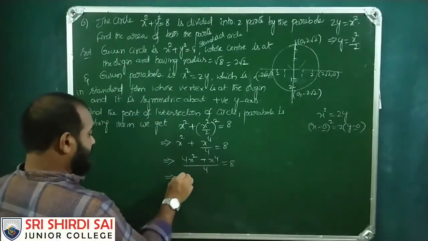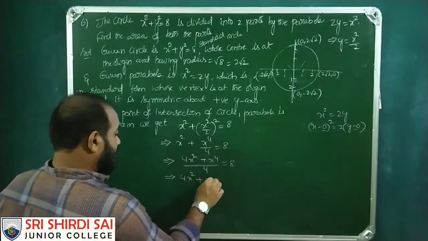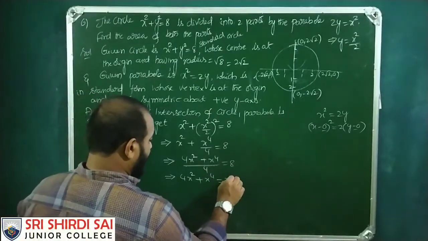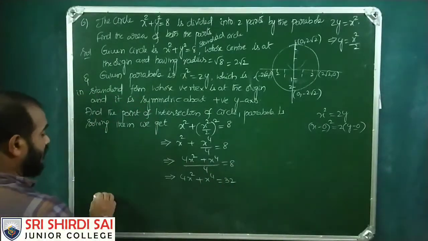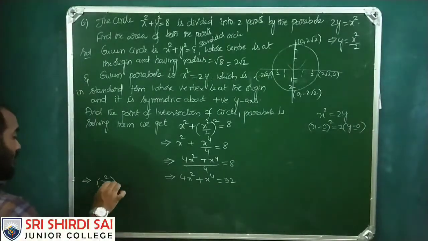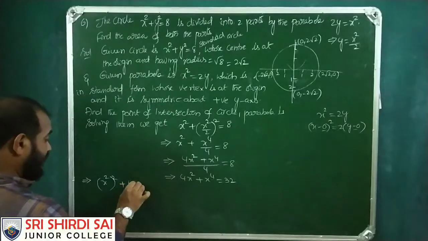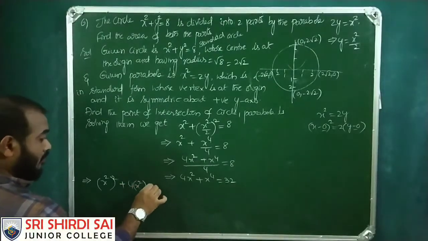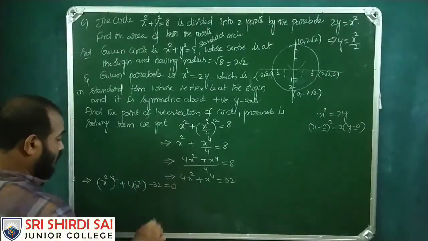So 4x square plus x power 4 equals 32. This implies x square whole square plus 4x square minus 32 equals 0.